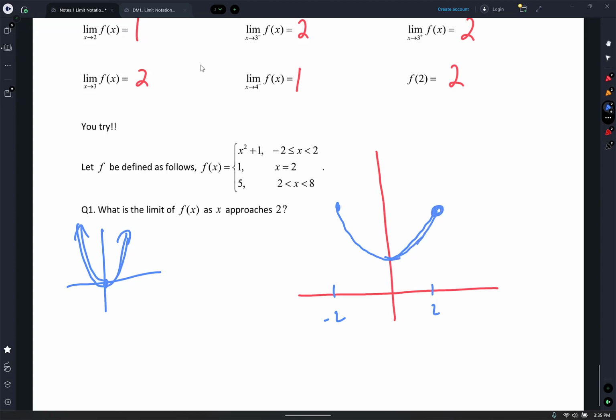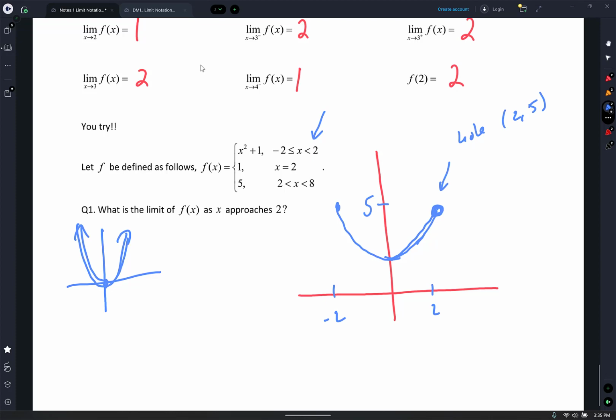How do I know what those y values are? Negative 2 squared is 4 plus 1 is 5. 2 squared is 4 plus 1 is 5. It's not an equal sign, so make sure you have a hole at 2 comma 5. Does everyone see how I got that expression between negative 2 and 2?